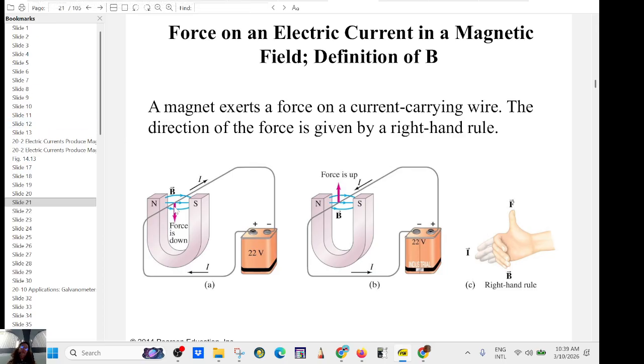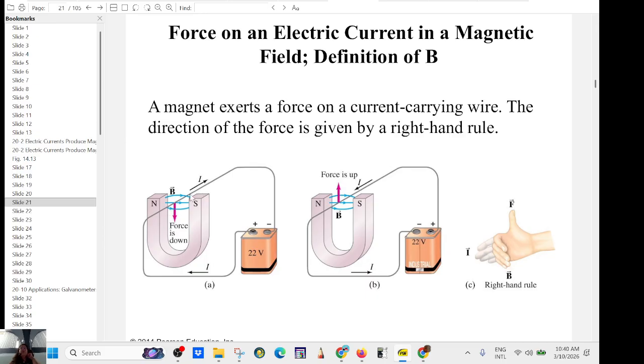Okay, so electricity, so a current will create a magnetic field. If you place a current inside a magnetic field, it's like you place a charge inside an electric field, it's going to be acted upon by a force QE that will accelerate the charge. So it makes sense that if you place a charge inside the magnetic field, maybe something is going to happen. But that charge has to be moving.